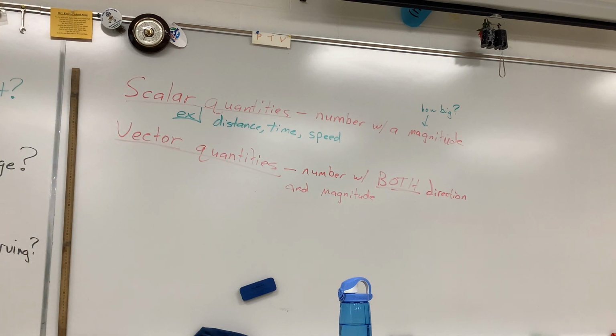Okay, so magnitude is simply how big, but when we refer to a vector quantity, we need the how big and a direction. We need the magnitude and the direction.